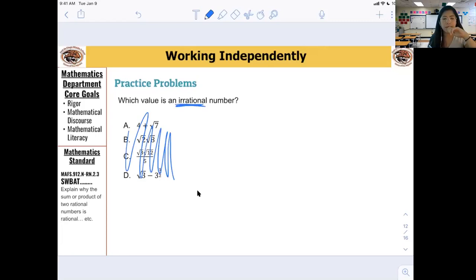Rational plus rational, rational plus irrational, or irrational plus irrational? Which one is never rational? I times R and I plus R. Good.